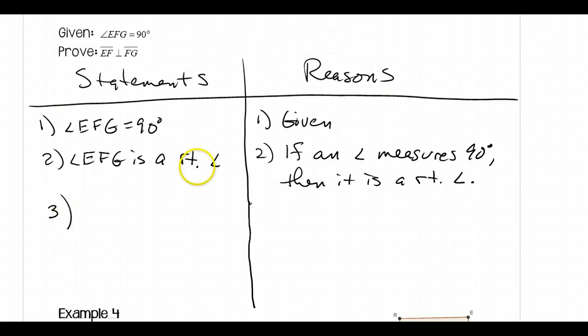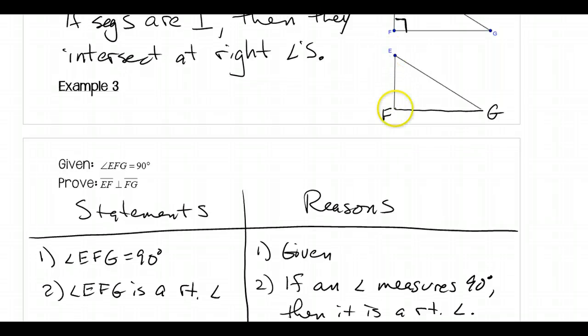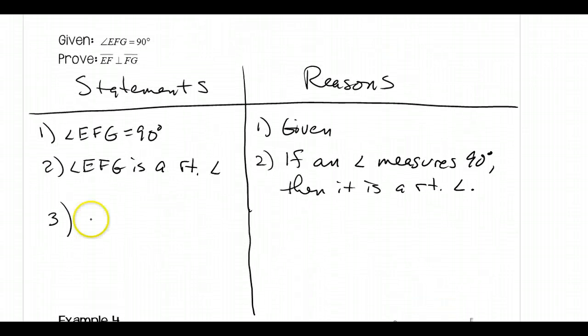Now that we have that EFG is a right angle, I can see that EF and FG, since they're a right angle, these two must be perpendicular, and now I can state that EF is perpendicular to FG.